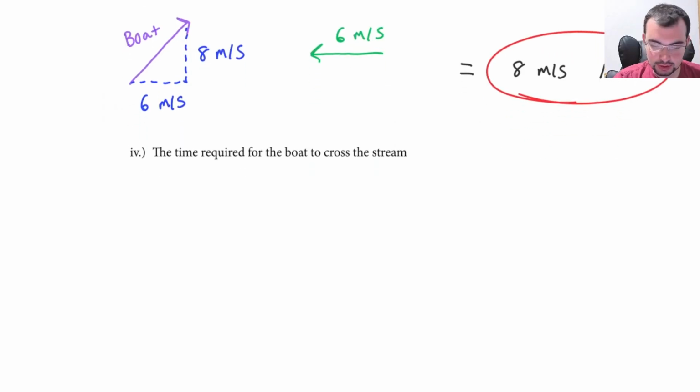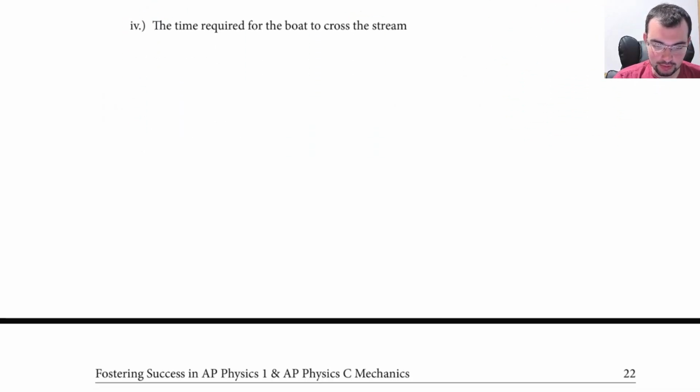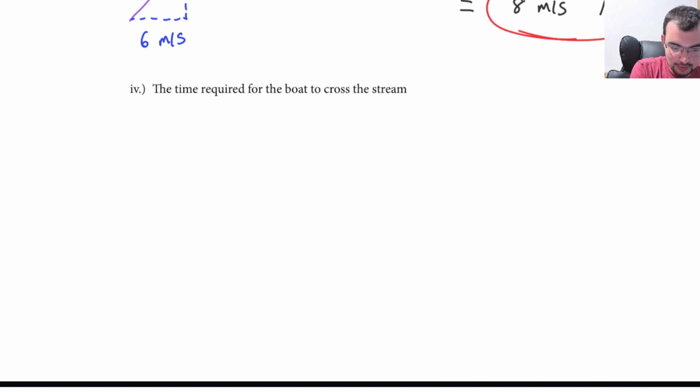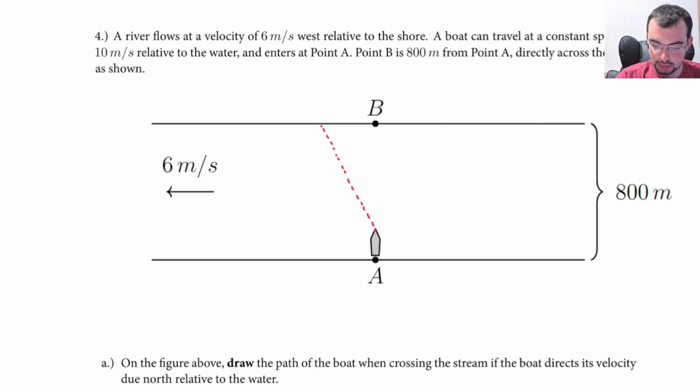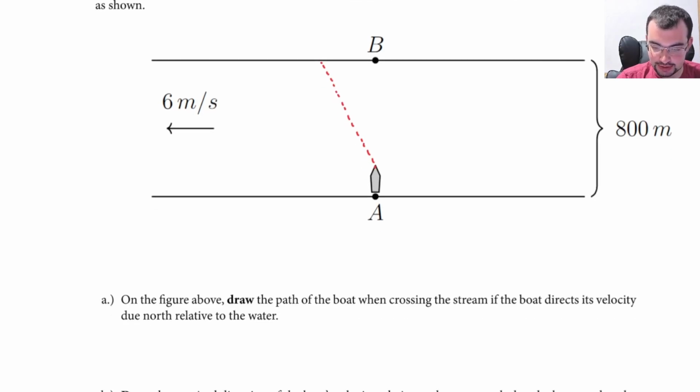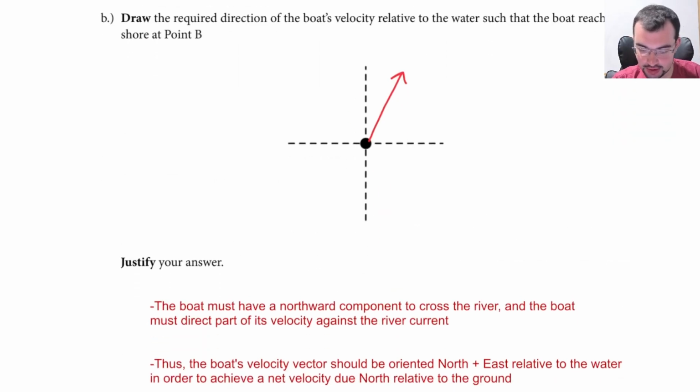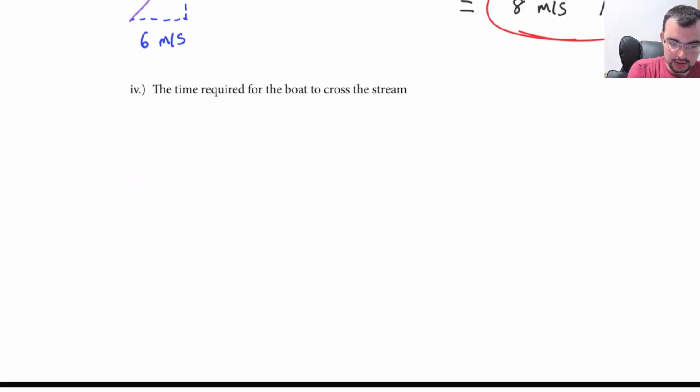And then how long is required for the boat to cross the stream? Well, if we look here, we see that the boat is going 8 meters per second north, and it must cross a distance of 800 meters. So since this is constant, we know that Vy is just d over t.